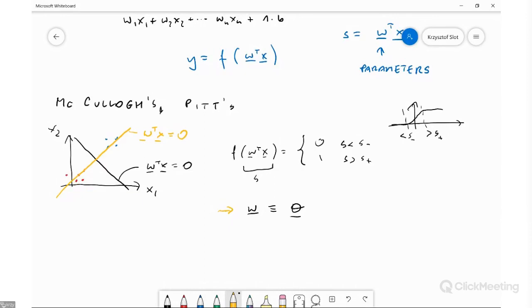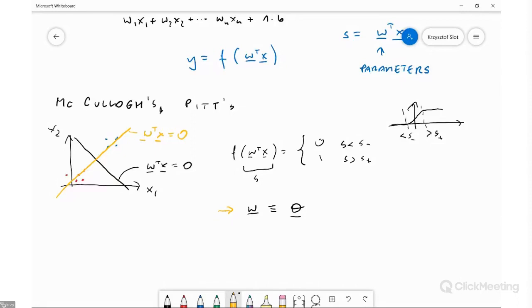So the most interesting and the most important question in the theory of neurons and neural networks is how neurons can learn, or how we can train a neuron to perform required functions. The function that I am interested in here is, for example, data classification.